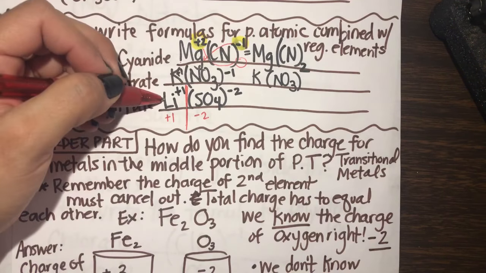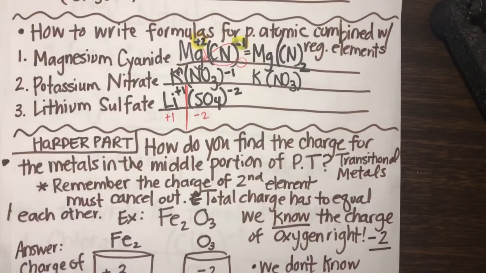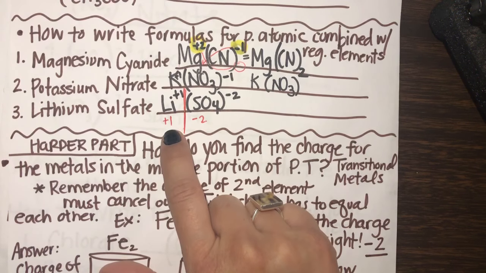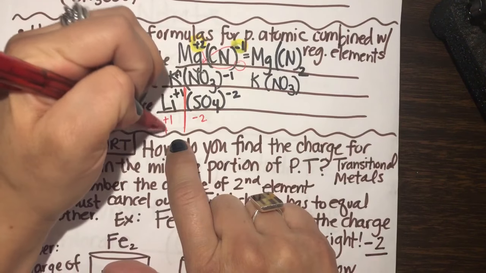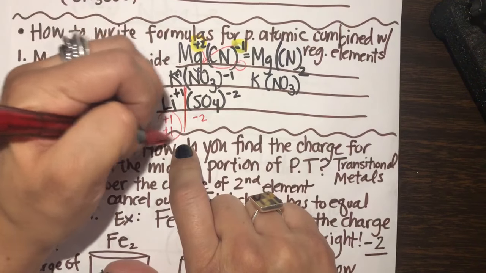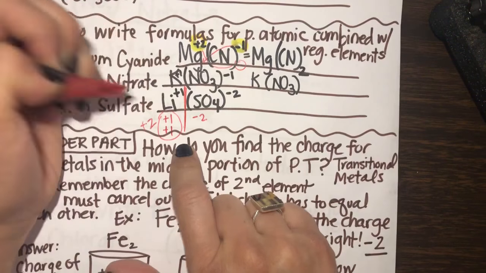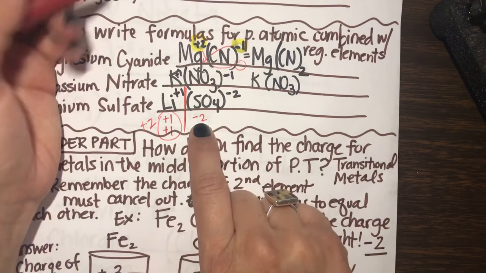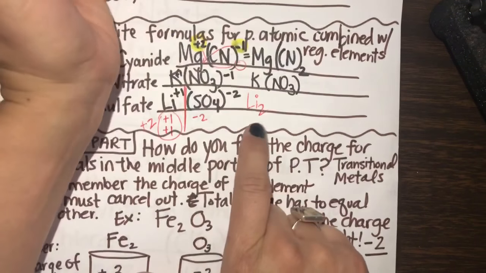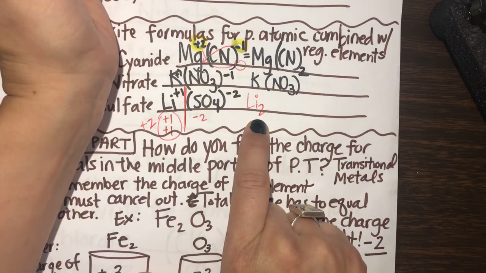So for one lithium atom, I'm only going to get +1. So how many lithium atoms do I need? Okay, so I'm going to add another lithium atom. So then this whole side now is +2. This whole side is -2. So that's why I write it Li2. So I'm telling everyone I had to have 2 of them.